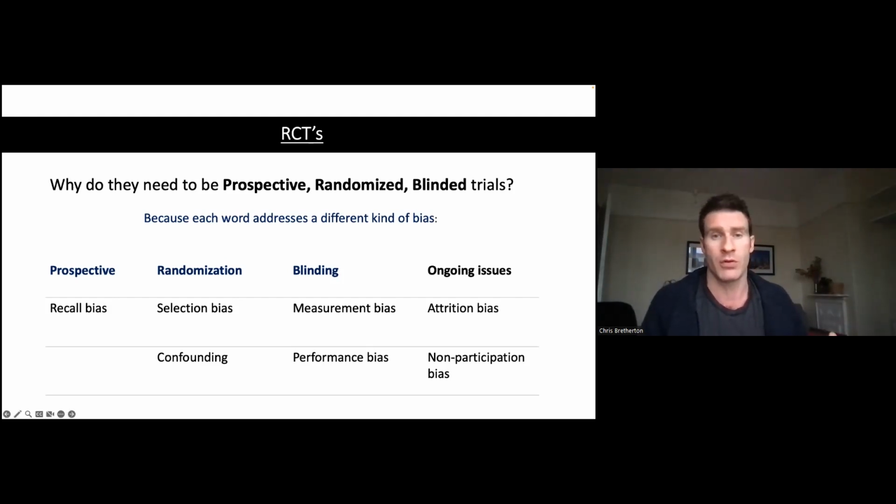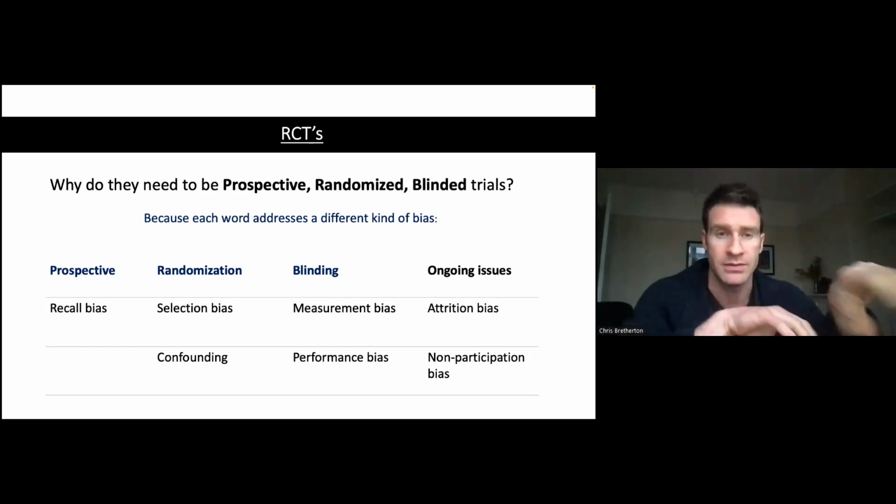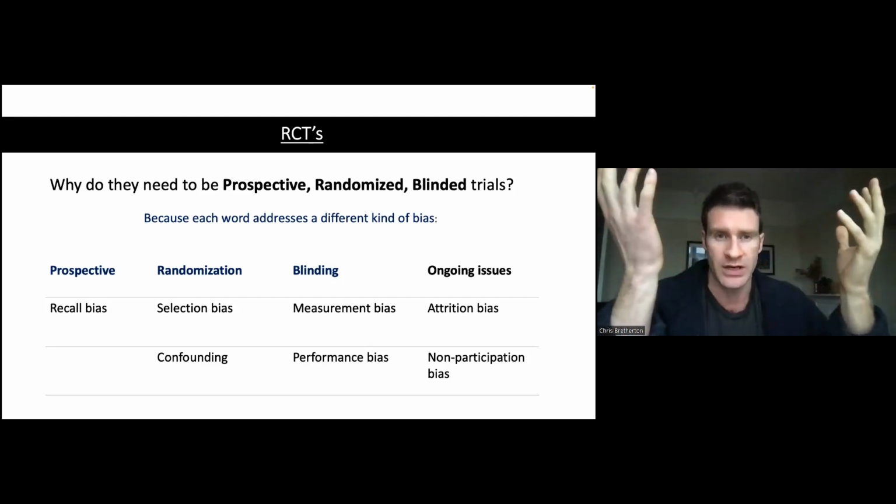But there are ongoing problems with attrition. If you don't follow patients up and you don't know what's happening to every patient, it might be that although the 80% follow-up you've got looks good, you don't know what's happened to those other 20%. And even if they've got similar rates of dropout in both arms of the trial, you don't know why those patients dropped out.